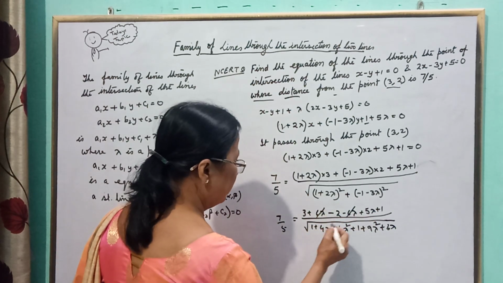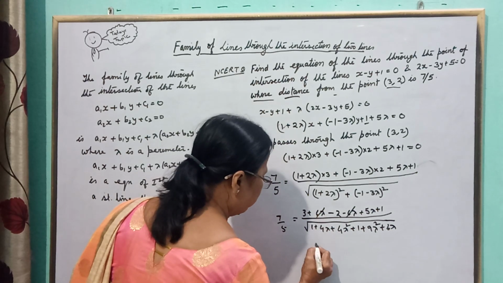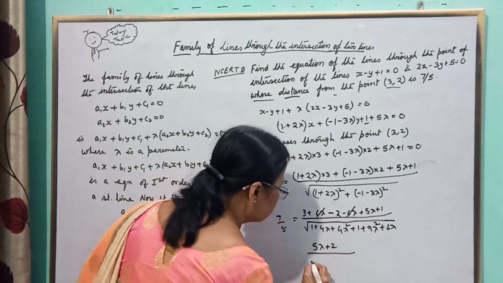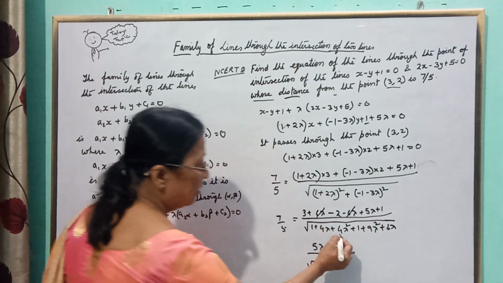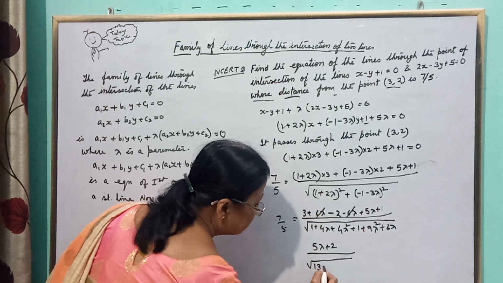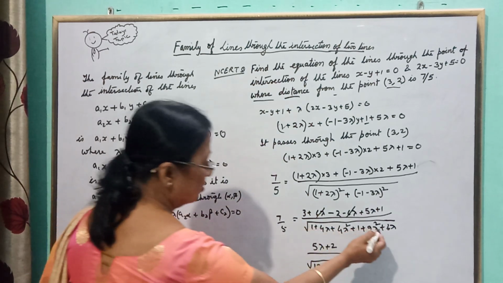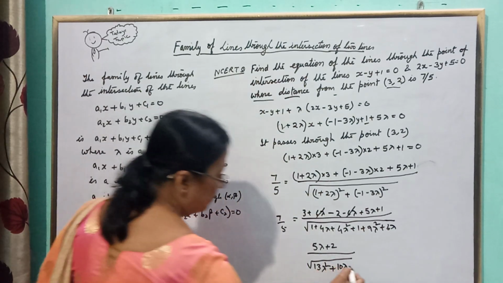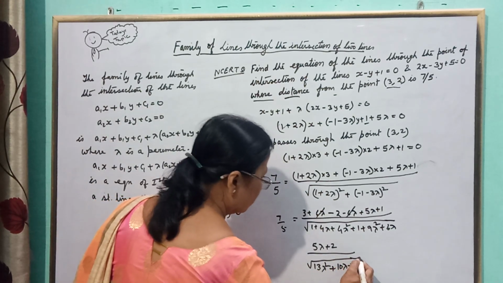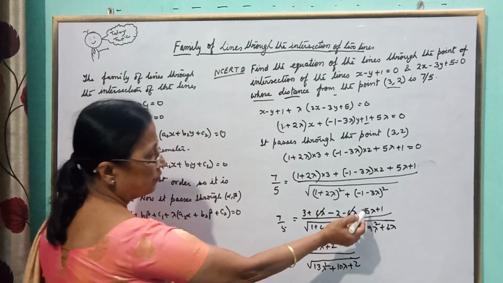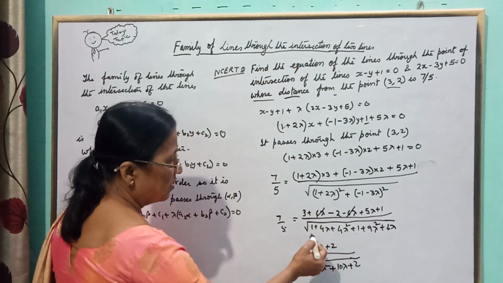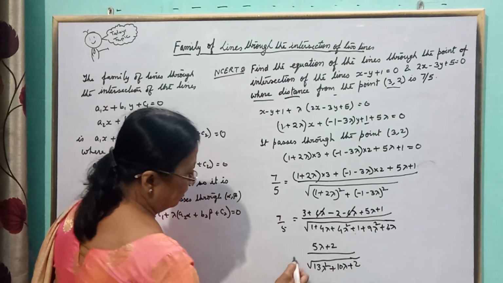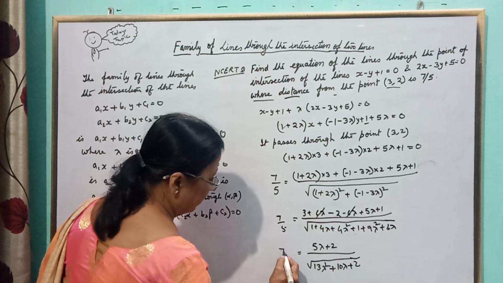And this is 5 lambda plus 2, and here it is under root 13 lambda square plus 6 lambda plus 2. See here, this is 1 plus 1, 2, and this is 6 plus 4, 10 lambda. This is equal to 7 by 5.